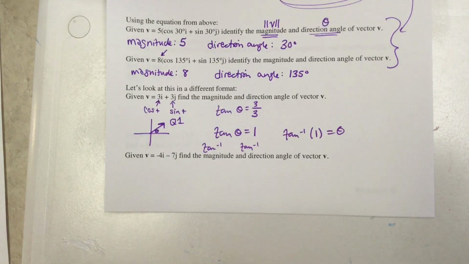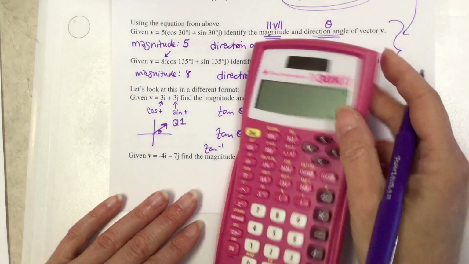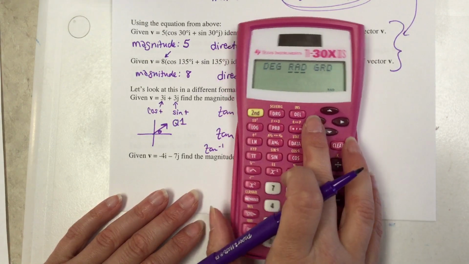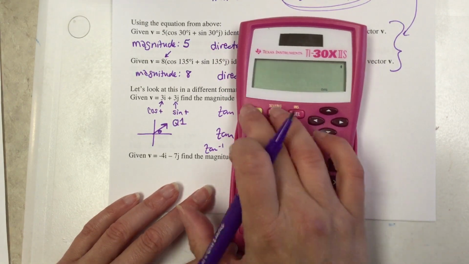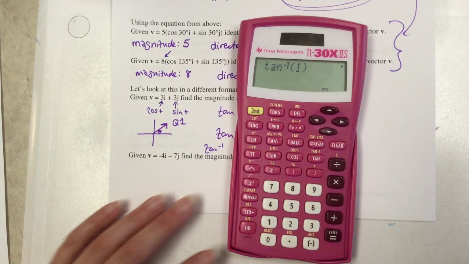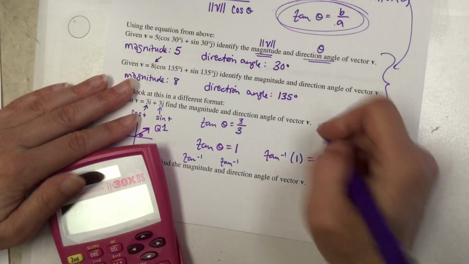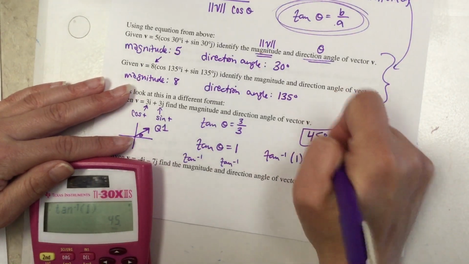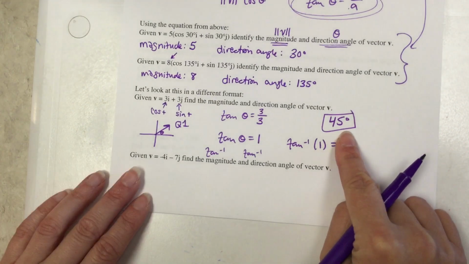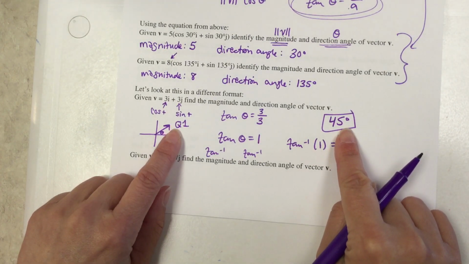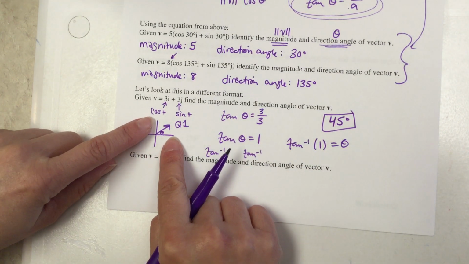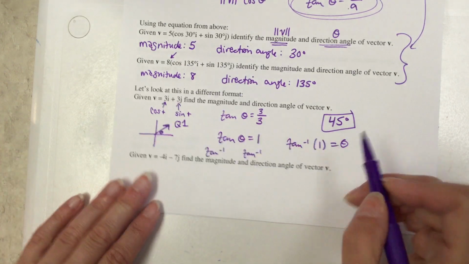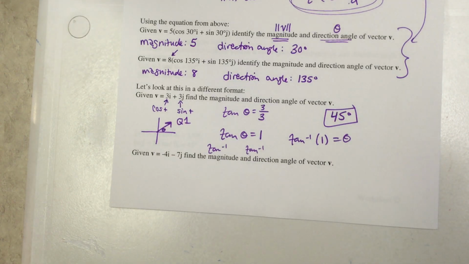Make sure your calculators are in degree mode when we're doing this. I was in radians, so we're going to degrees. Inverse tangent of 1 is 45. Now you have to make sure that whatever measurement our calculator finds is in the quadrant we're looking at. 45 degrees is between 0 and 90, so yes, it's in quadrant 1, so that would be your answer.